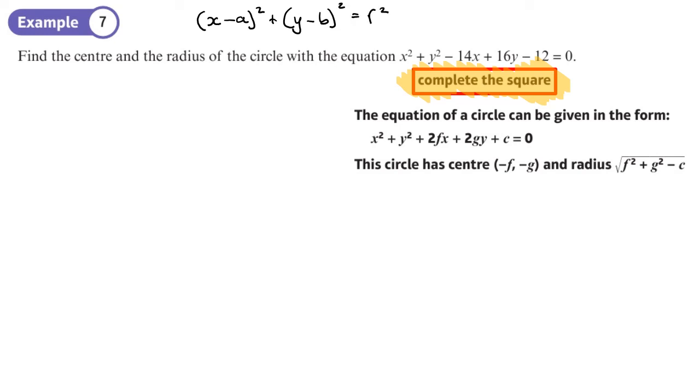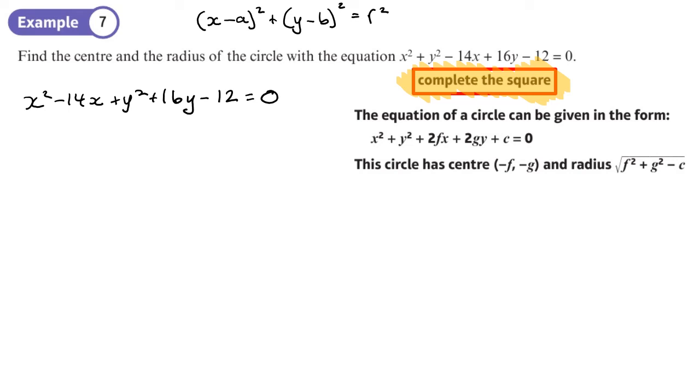So completing the square is the technique we're going to do. Now to do that, we're going to group together the x terms, then group together the y terms, keep the 12 over here for the minute.